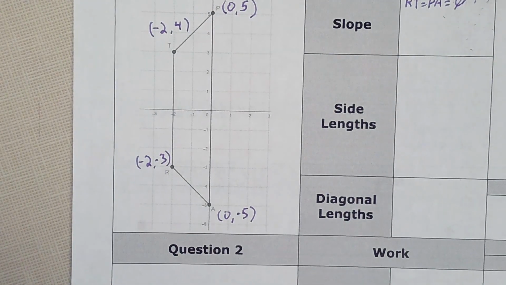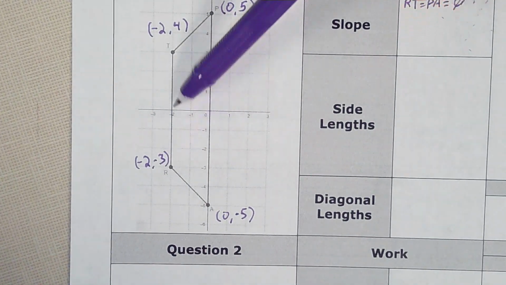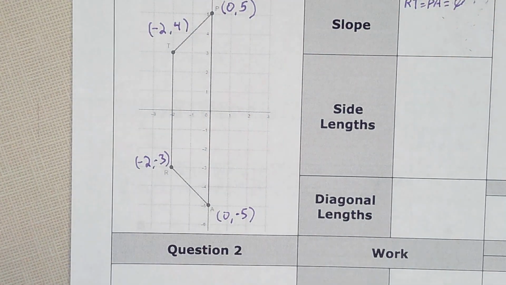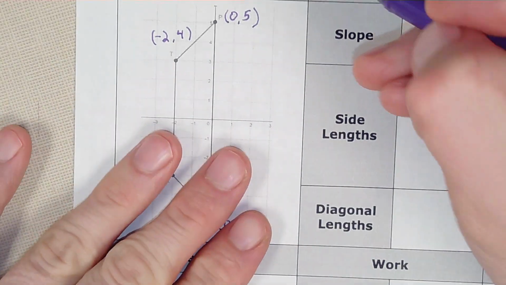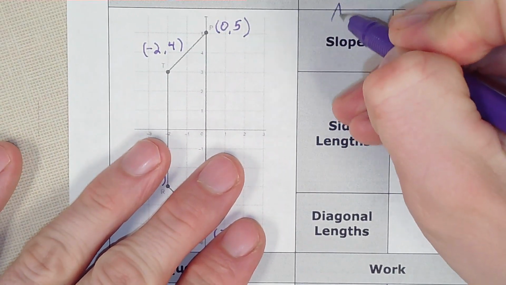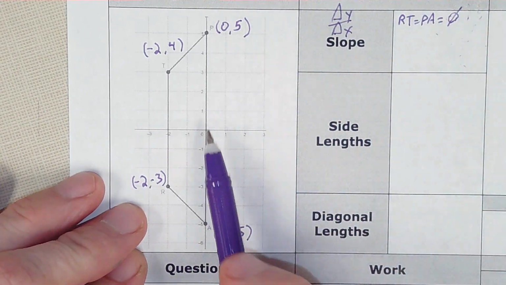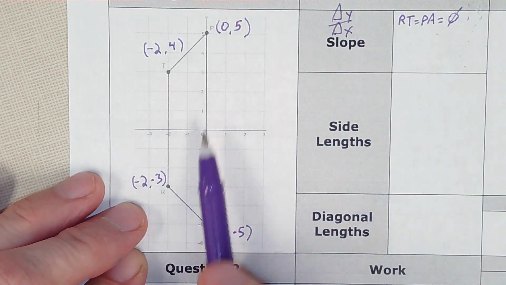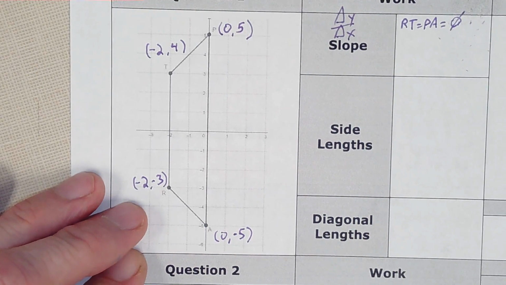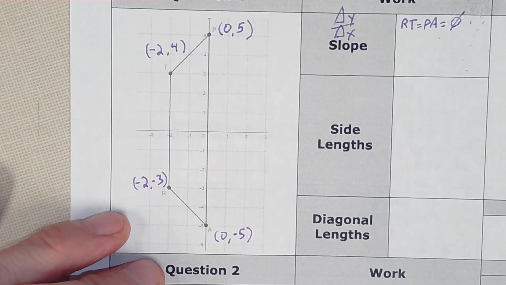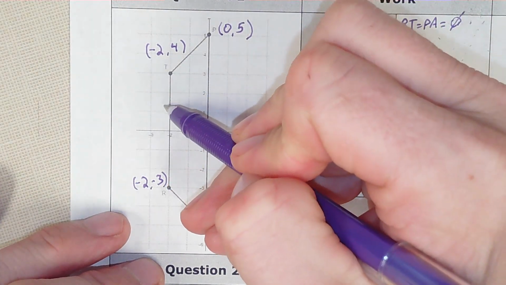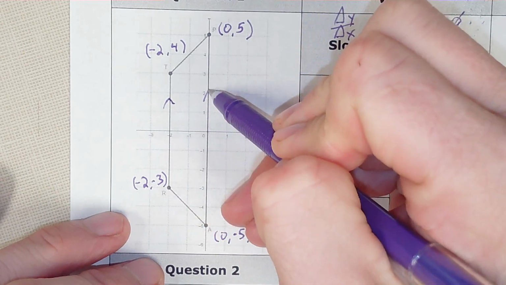Right, because my change in x is 0, and I can't define that. And remember, my slope is my change in y divided by my change in x, and my change in x is 0, so I have an undefined slope. There is no slope. Okay, so these lines here are parallel.